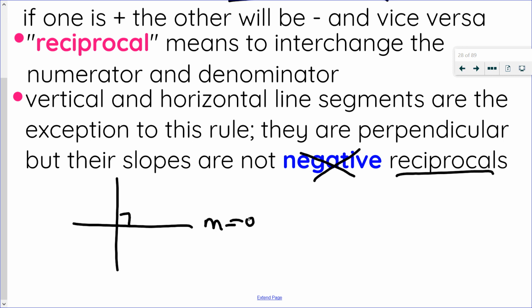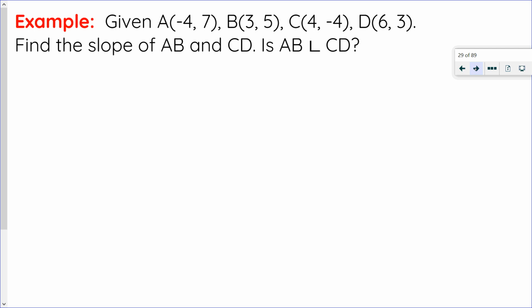I could really say that as 0 over 1, for example. A vertical up and down line segment, if I were to flip that, 1 over 0, you can't divide by 0. That's why this has an undefined slope. So they are reciprocals of one another, just not negative reciprocals of one another.